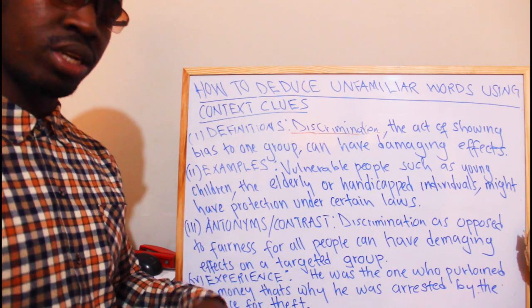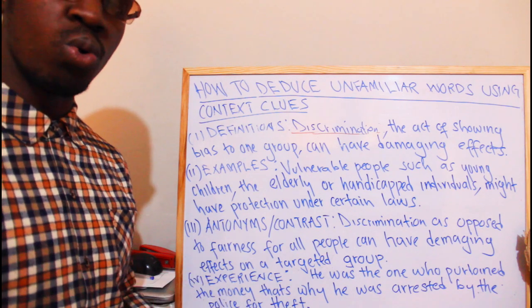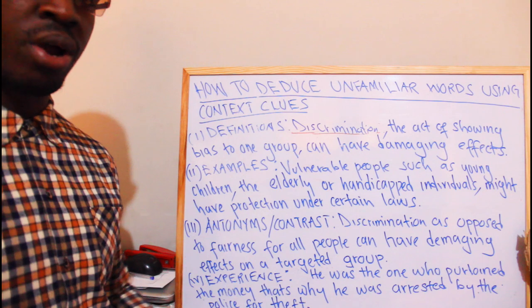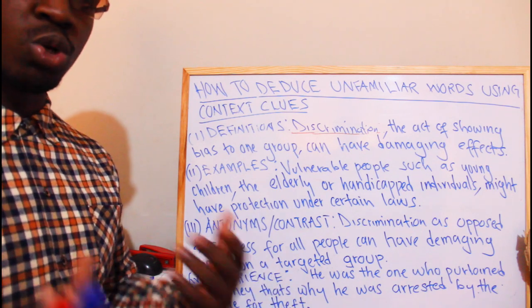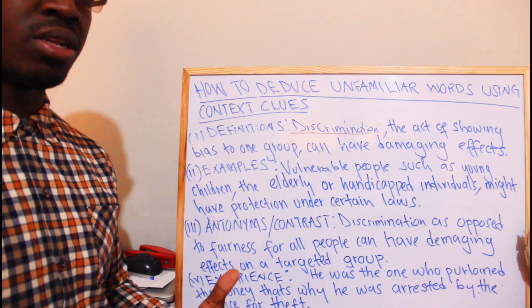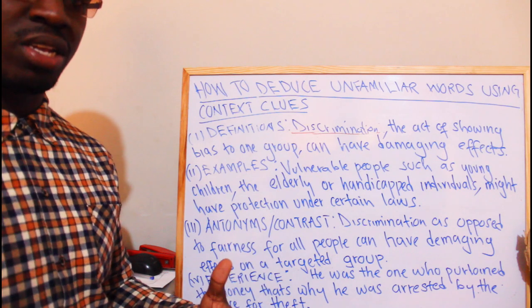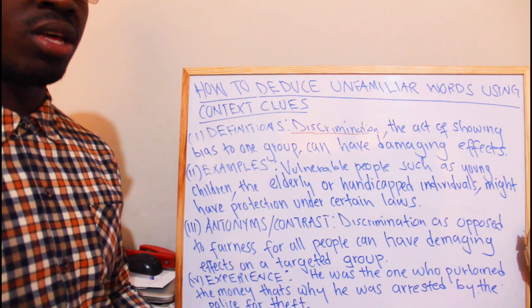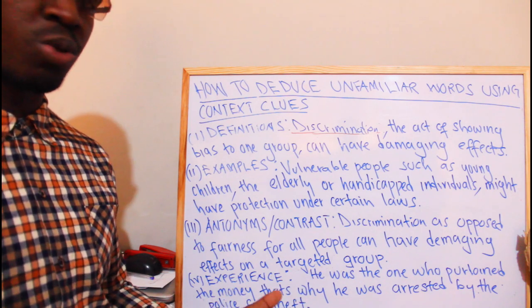Antonyms or contrasts is another clue that we may use when trying to work out unknown words. Antonyms usually are words that mean the opposite. For example, up, down, go, come. Those are antonyms.